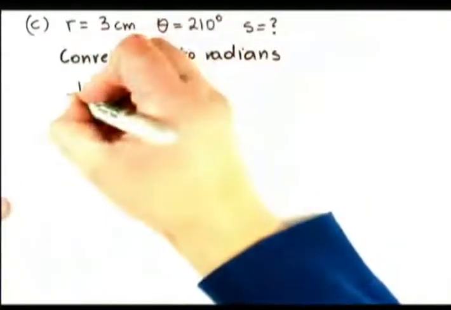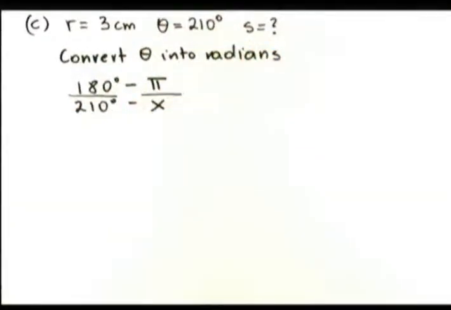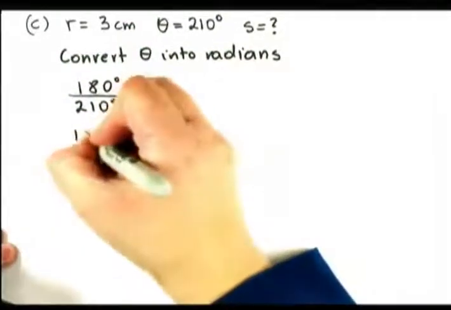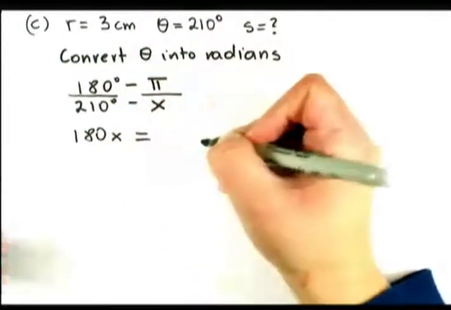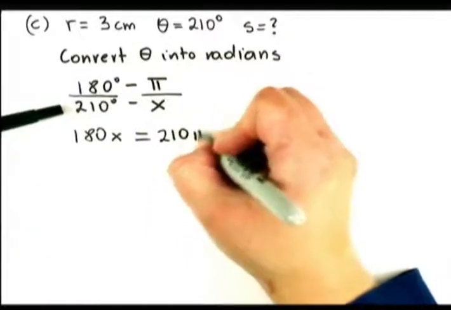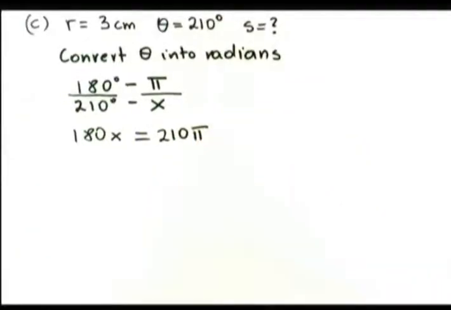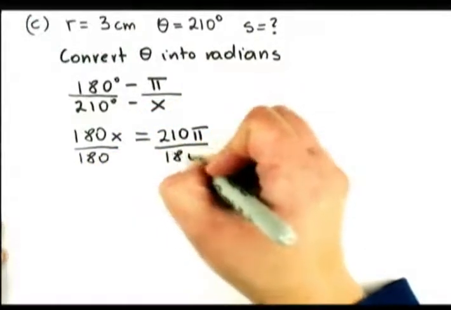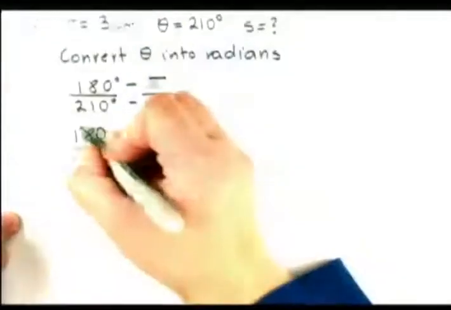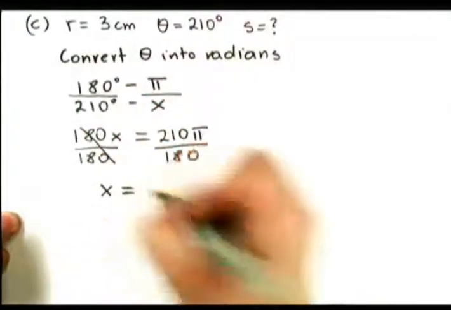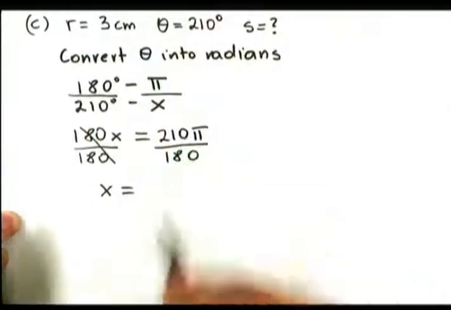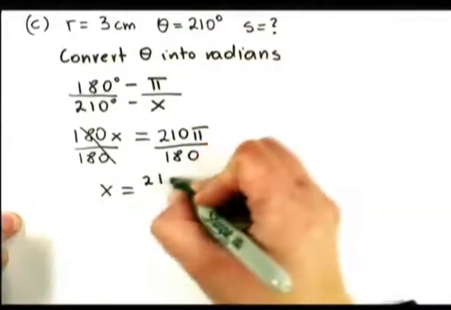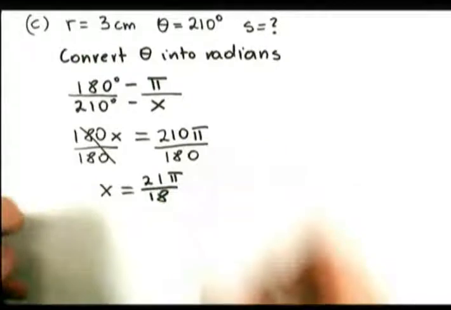We can make the proportion from that. Now we can cross multiply. 180 times x, 180x is equal to 210 pi. Now we can divide by 180. So my x is equal to, we can reduce those zeros right away, divide by 10, so 21 pi over 18.